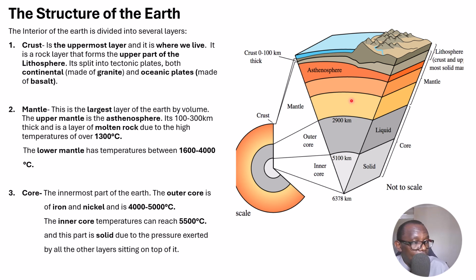That is a question that you could be asked as a short question, 1 mark or 2 mark question in the examination. Then the inner core has temperatures that sometimes will go up to 5,500 degrees Celsius. And this particular layer is solid due to the pressure that is being exerted by the layers that are sitting on top of it.